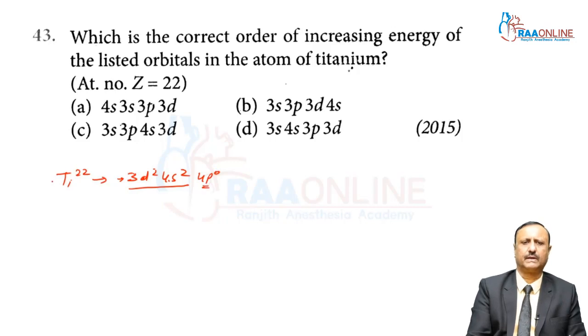It is a d block element. Here you can see 3d and 4s. The energy of 4s is lower than 3d. Since he wants the increasing energy of the listed orbitals, you can go to answer C: 3s, 3p, then 4s, then 3d.